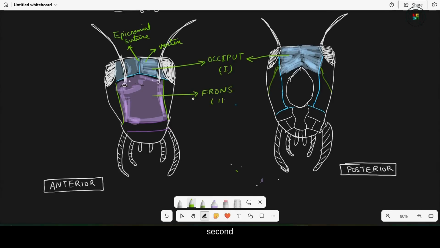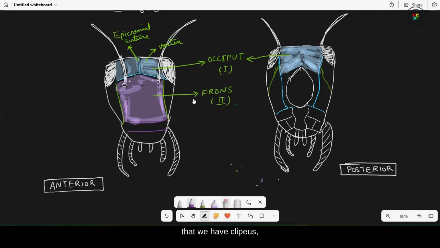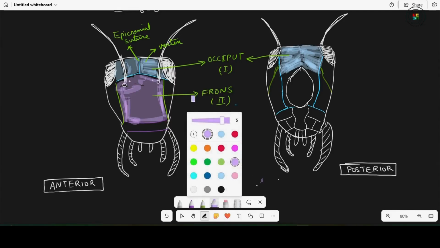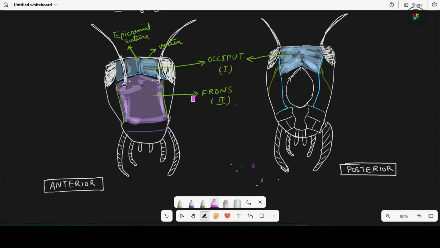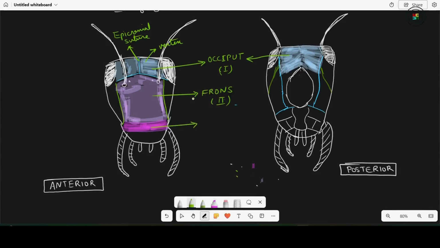Is the second cephalic sclerite. After that we have clypeus, is the third cephalic sclerite. Okay, these are on the anterior side.